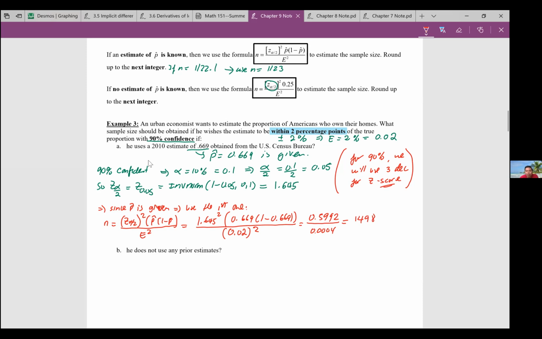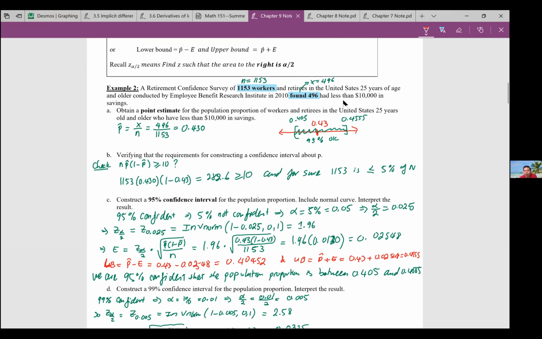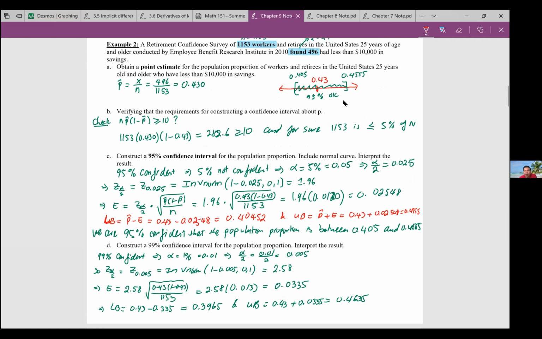So this one doesn't have decimal, so we will just use that 1498. So we need a sample size of 1498 in order to achieve what he wants to achieve. Make sense? And that explains why in example one, there's 1153 workers, right? Because they want to have the minimum they need to survey. That's what it is. Okay.